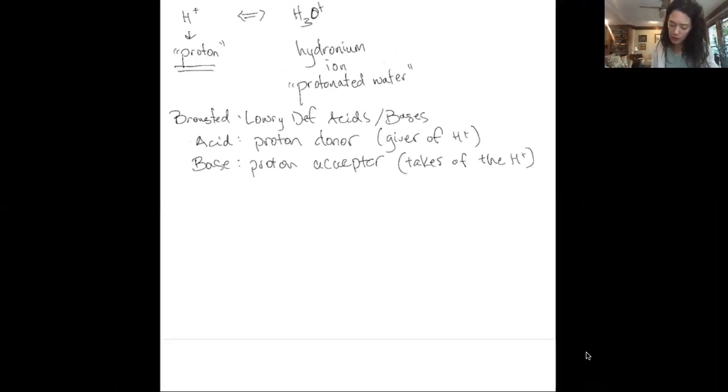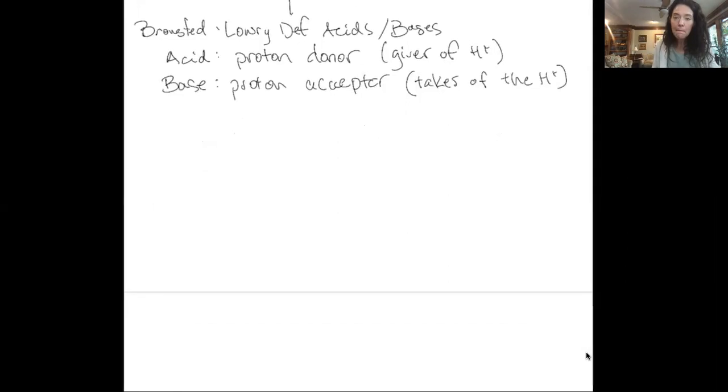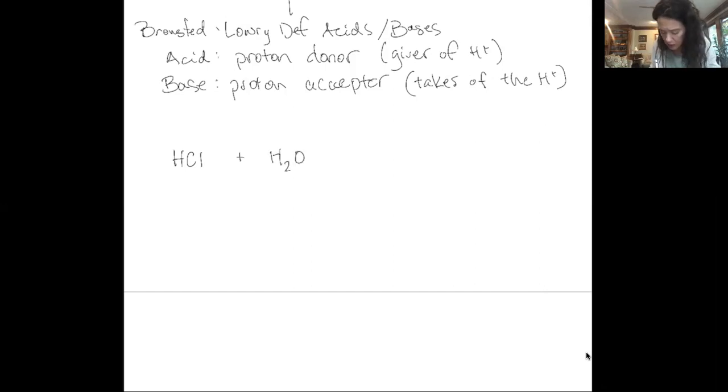So when you see an acid-base reaction, you'll have one species, let's give our strong acid HCl, acting as an acid and another species acting as a base. Because this is my acid, it's going to give away its hydrogen, and this water will play the role of the base.